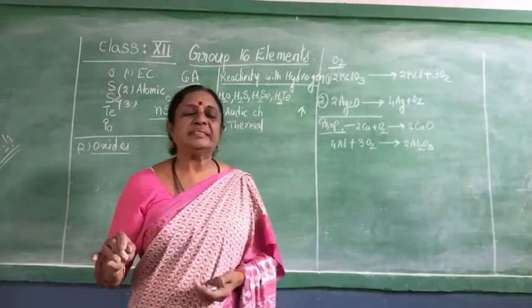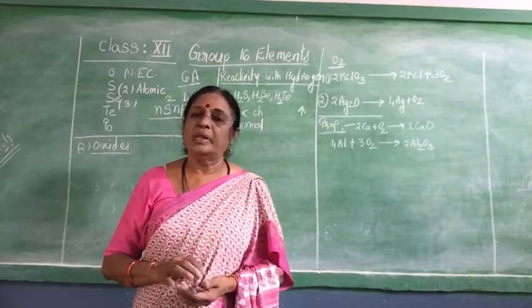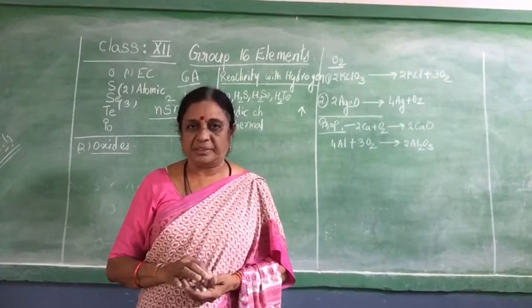Now, the group number itself indicates, as I told you, the number of electrons in the outermost orbit.